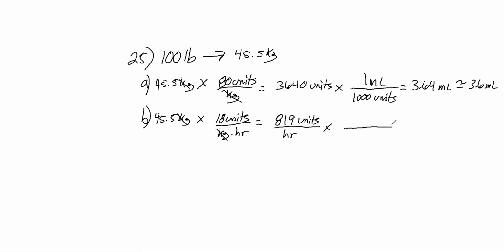I used the IV that was given to me, which told me that there were 25,000 units in 250 mLs of half normal saline. Get rid of the units. And then we get 8.19 milliliters per hour, and we're going to round that to 8.2 milliliters per hour.